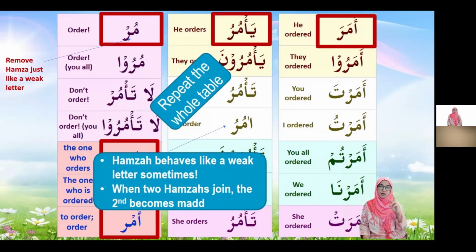When two Hamzas joined, the second one turned into a mad. And then here we saw mur, because that Hamza was a weak Hamza with a sukoon, we couldn't use it, so we just dropped it and it became mur. This was the only difference we learned today. Rest all is the same.